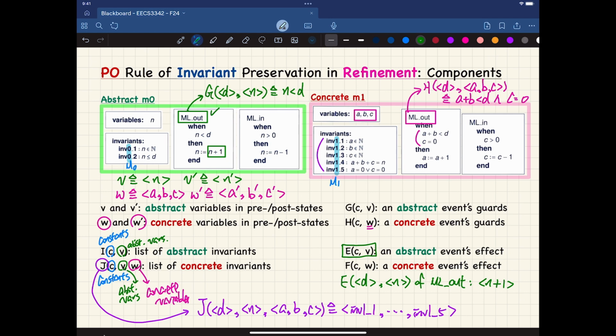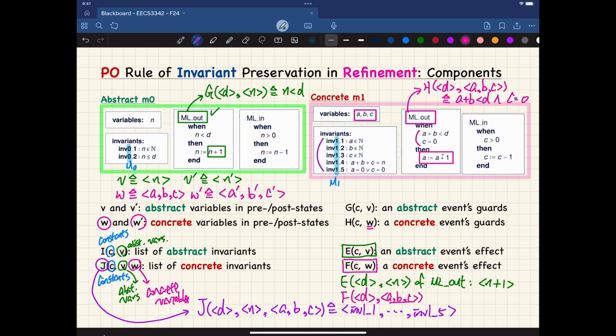All right. On the other hand, the concrete effects for, let's say, ML out. That one there is going to be A plus 1 for A. But don't forget, we should cover all the variables. Okay? So we got F here, the concrete events. So we got constant D, and also we got A, B, and C that we can refer to, right?